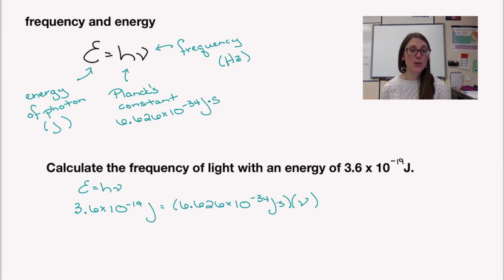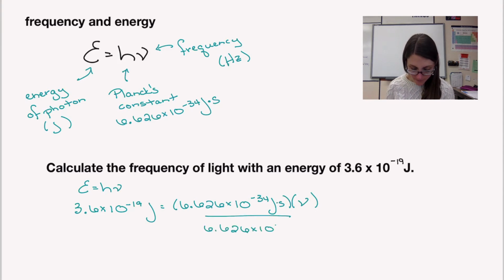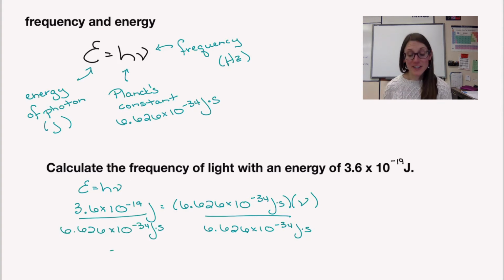Once again, I've gotten to this point where I plug my numbers in. In order to solve for the frequency, I'll need to divide both sides of this equation by Planck's constant. This gives me a frequency of 5.43 times 10 to the 14th, and our units are going to be hertz for frequency.